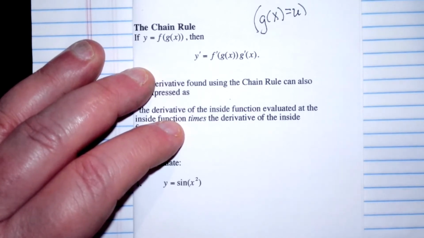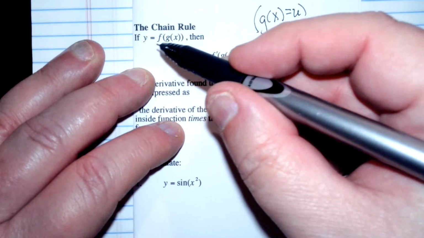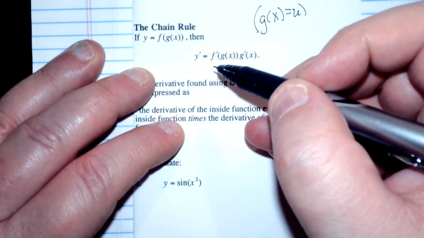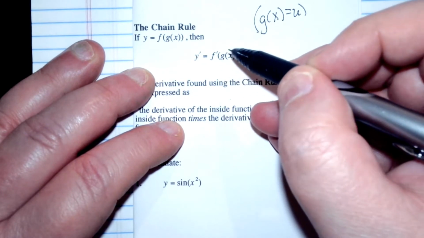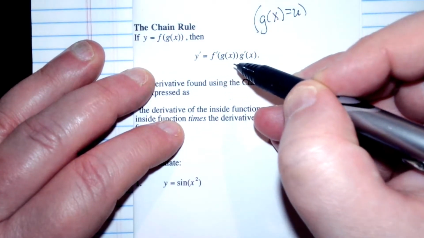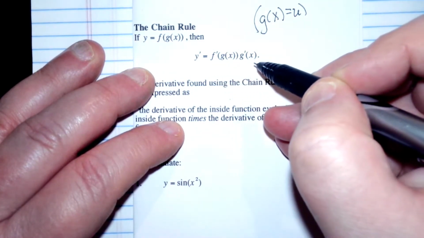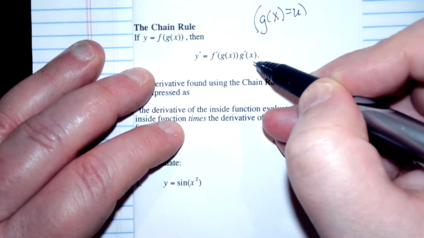So remember that what we had was that the derivative of y with respect to x was the derivative of y with respect to u, that's this part, times the derivative of u with respect to x, that's this part.